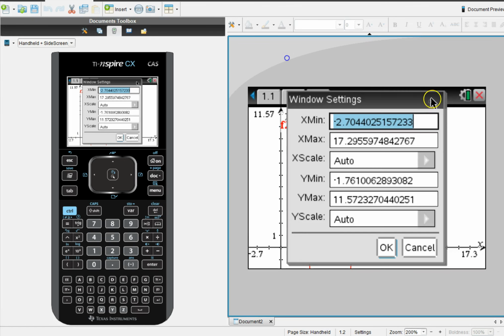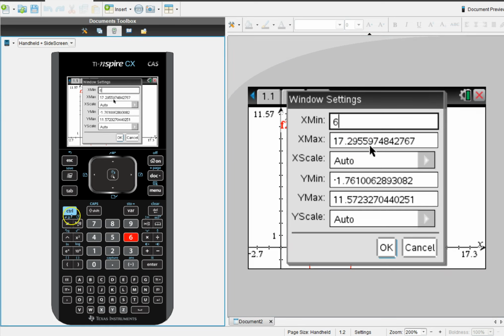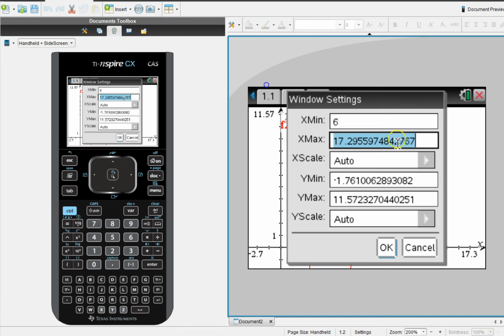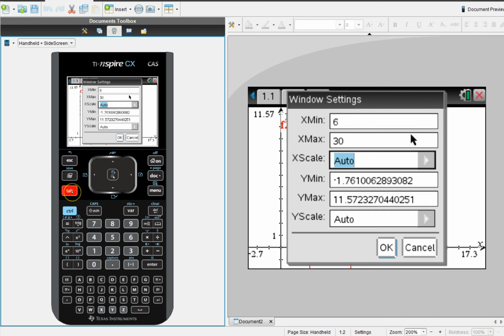So our x, we're going to go ahead and start that at 6. We're going to go a little bigger than that, so let's go to, I don't know, 30. The y, negative 1, probably going to get a volume higher than 12, so let's go to like 200. See how that looks.